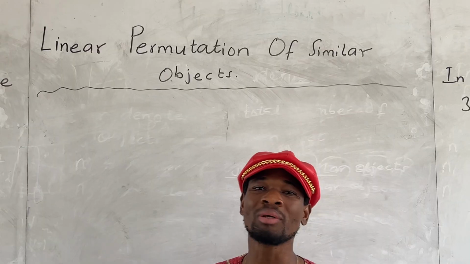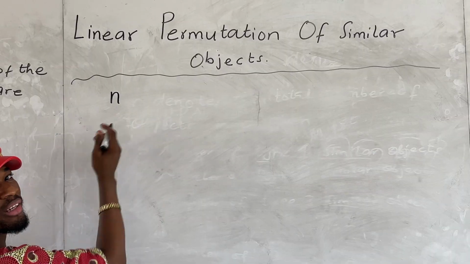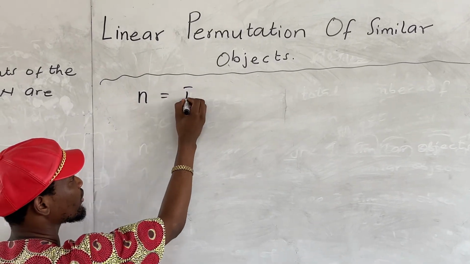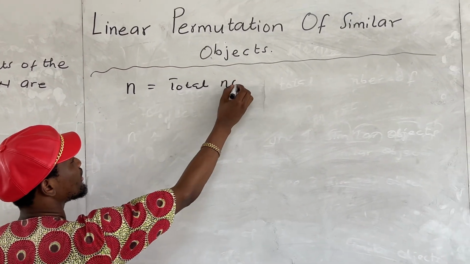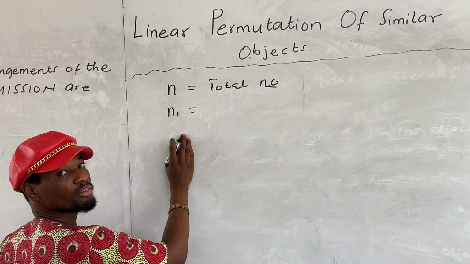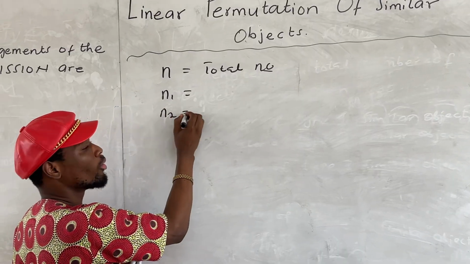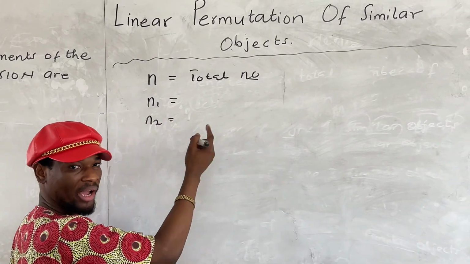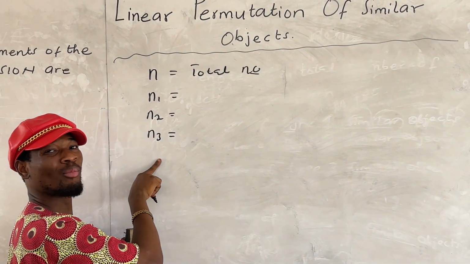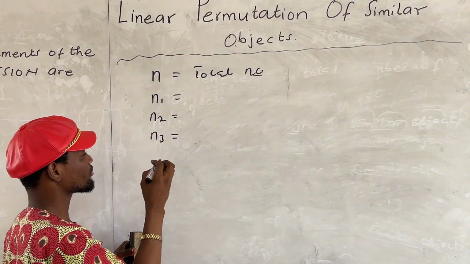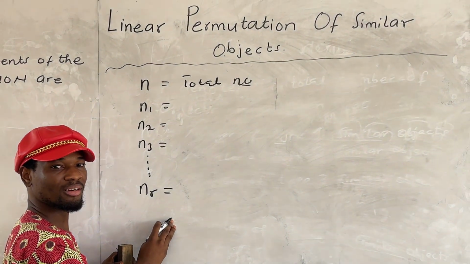So we said that if n is the total number of objects, let n1 represent one of the items occurring more than once, n2 more than twice, then n3 represent the number of items occurring more than once, up to nr occurring more than r times.